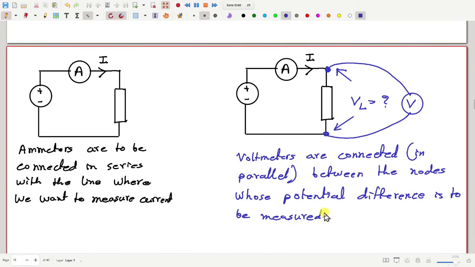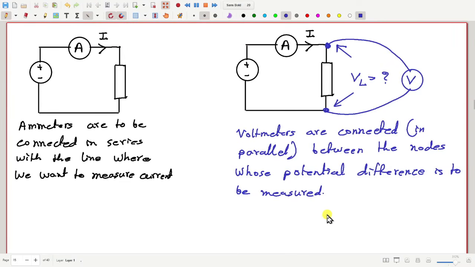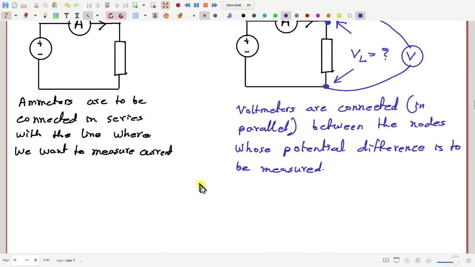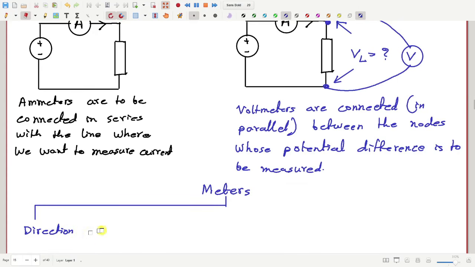Now, there are two types of meters that we will talk about. Number one, direction sensitive, and number two, direction insensitive.